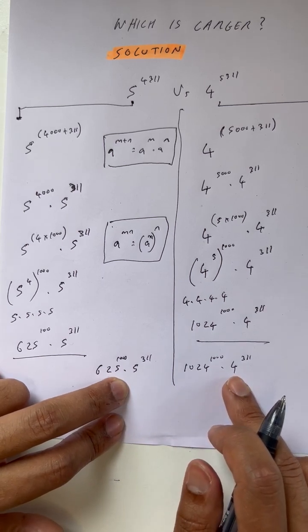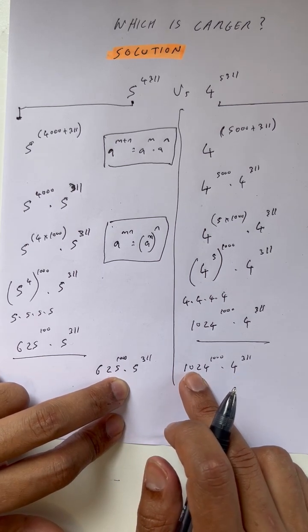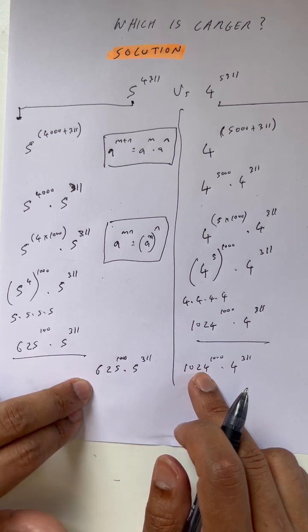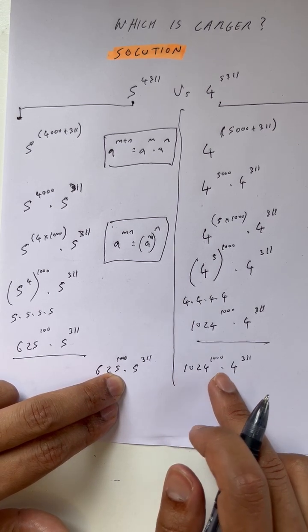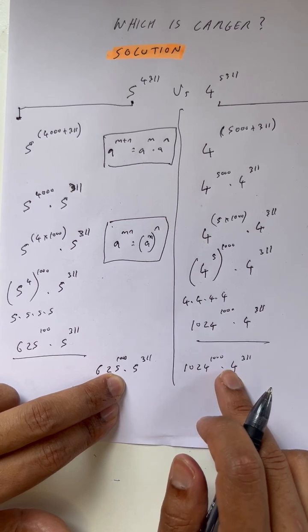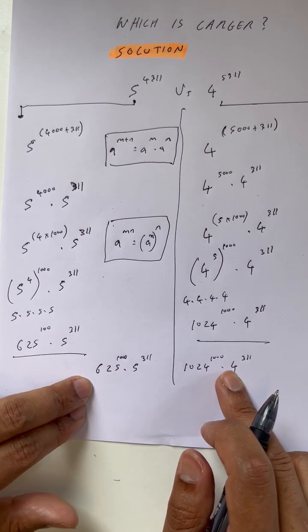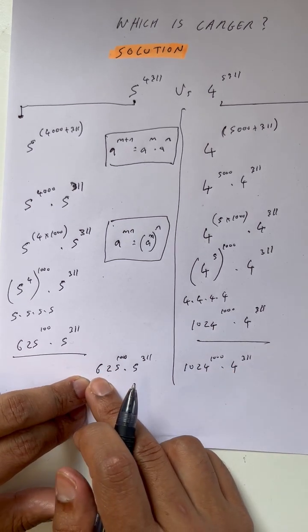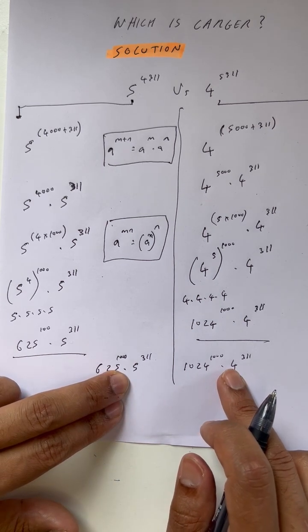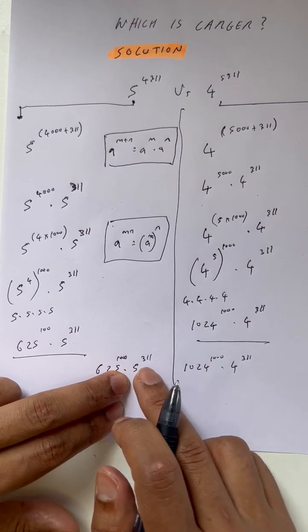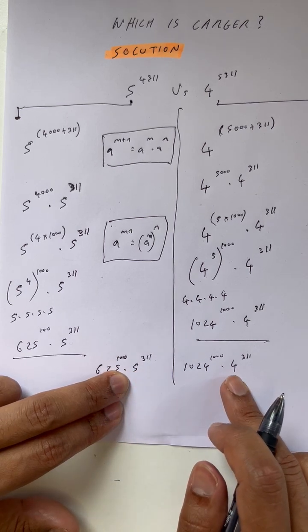So even though the first number 1024 is bigger than 625, we can't comprehensively say that the entire number on the right hand side is larger than the entire number on the left hand side, because we have 4 to the power of 311, which is less than 5 to the power of 311.